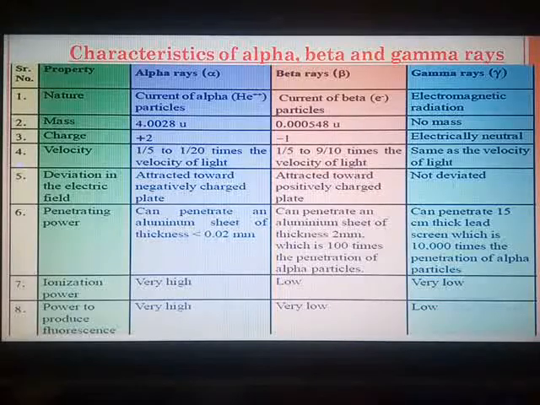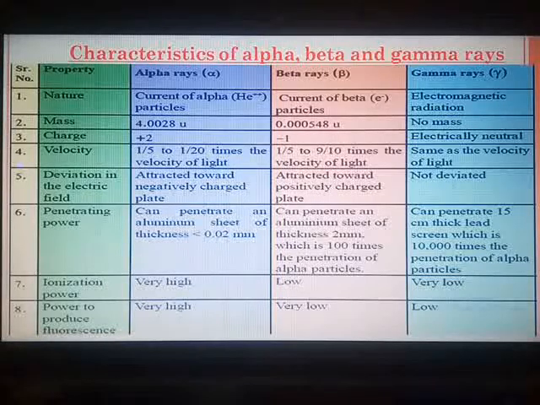Now, how to remember this chart and how it can be asked in the form of different questions. The first question expectable is a direct question: distinguish between alpha rays and beta rays, or between beta rays and gamma rays, or between alpha rays and gamma rays. This is the first type of question.